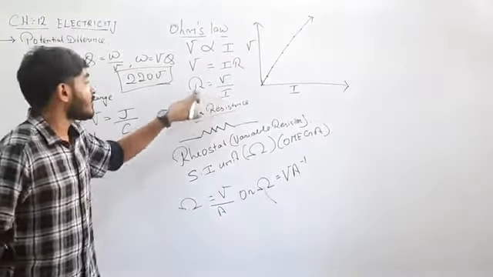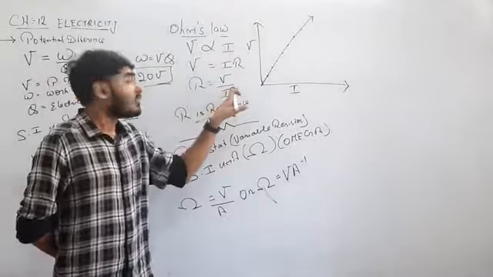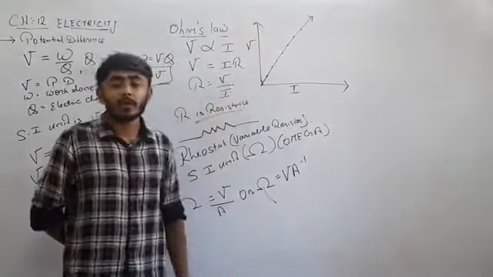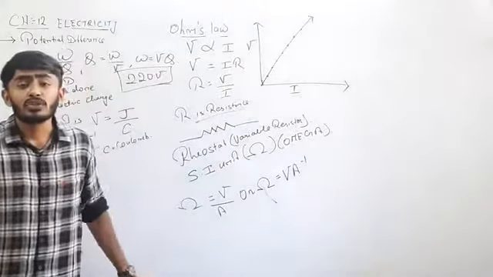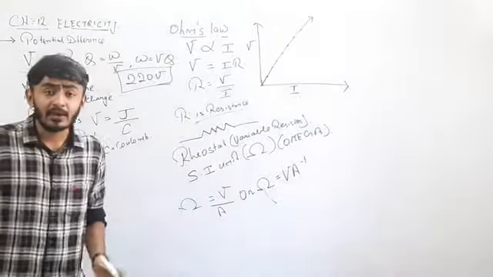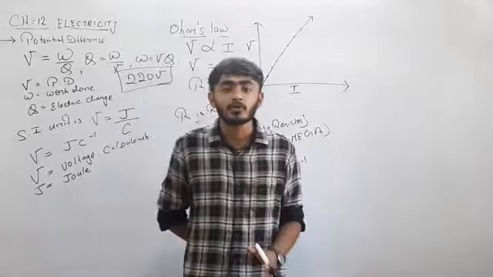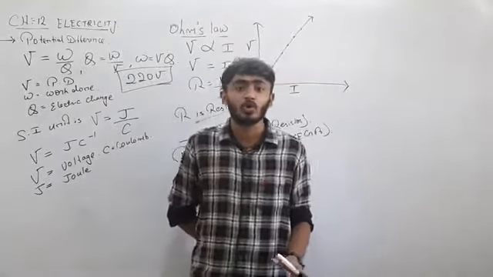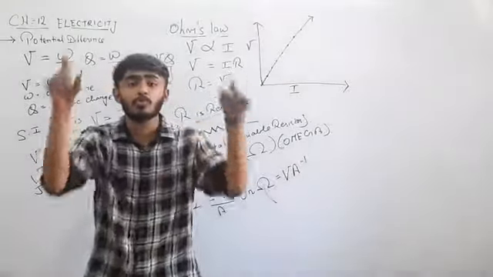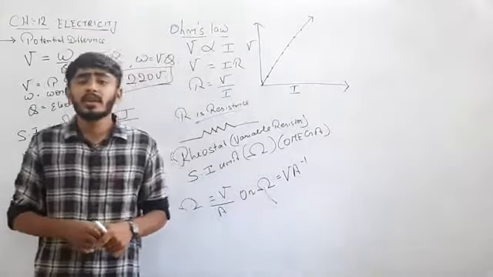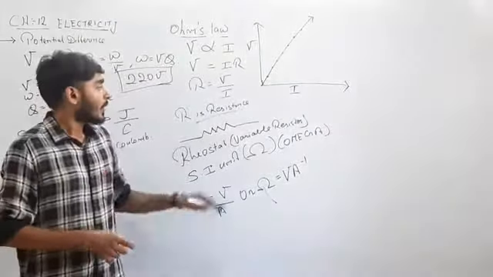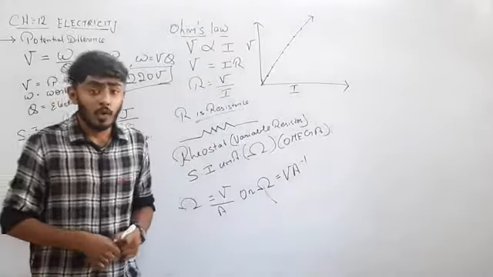In the same way, if the resistance decreases, potential difference also decreases, but the electric current increases. I repeat, resistance resists the flow of electric charge in an electric circuit. I told you what an electric circuit is: a closed path wire circuit through which the electric current is flowing.